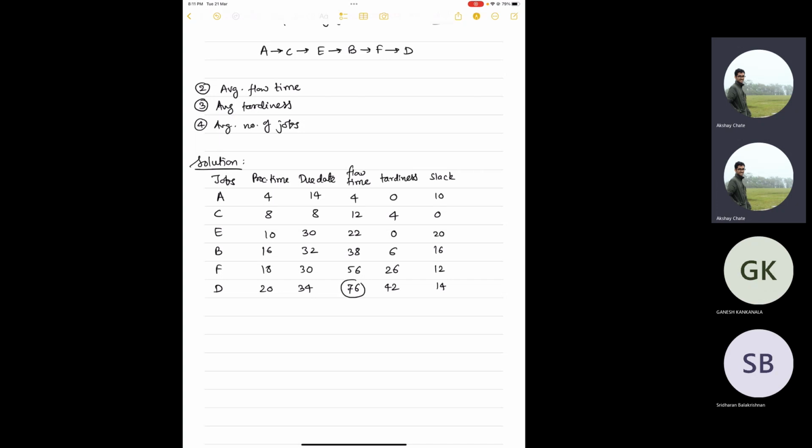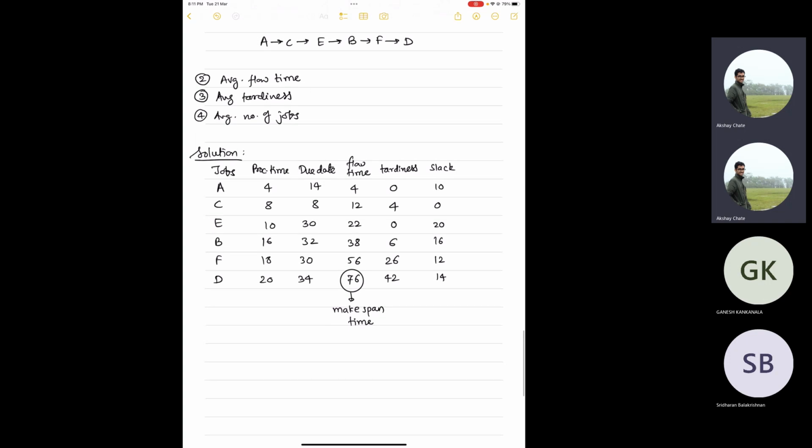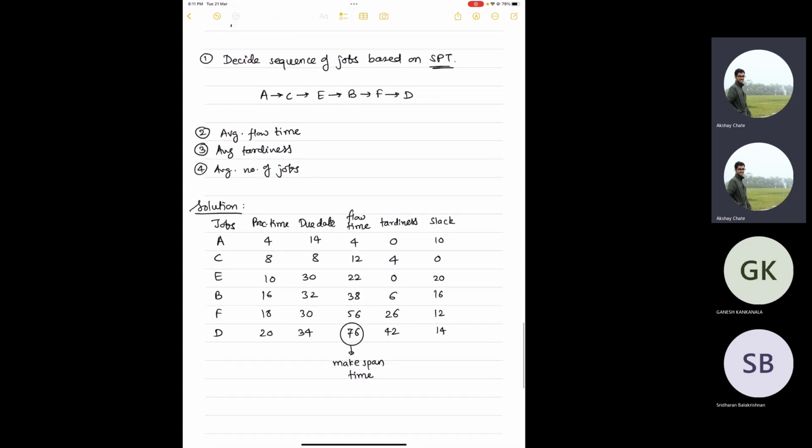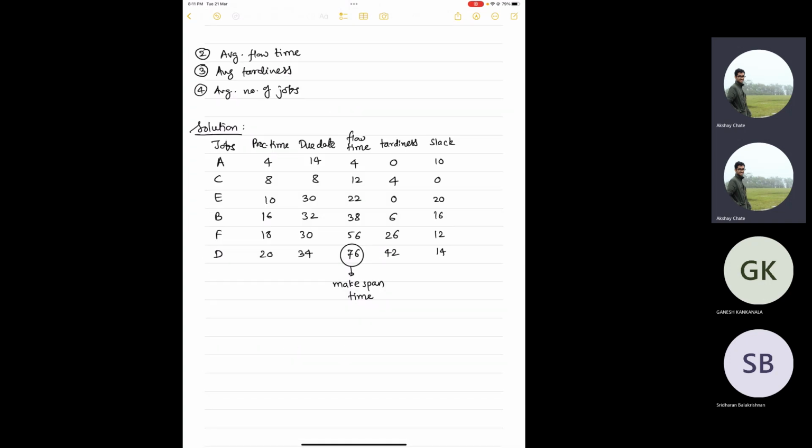And this 76 will be your makespan time. Now it is asked what is the average flow time. For average flow time, as we did earlier, we need to sum up the flow time column and divide it by the number of jobs, which is 6.